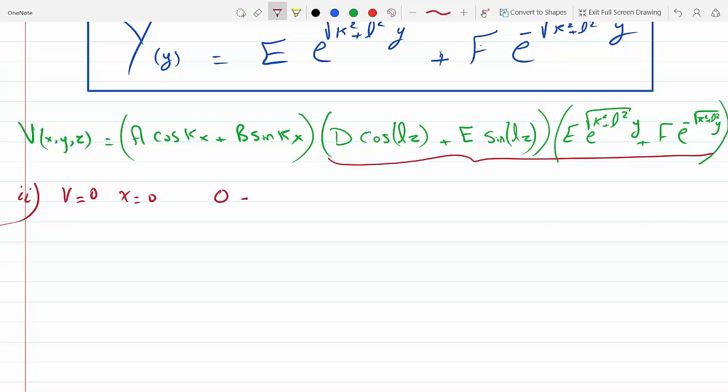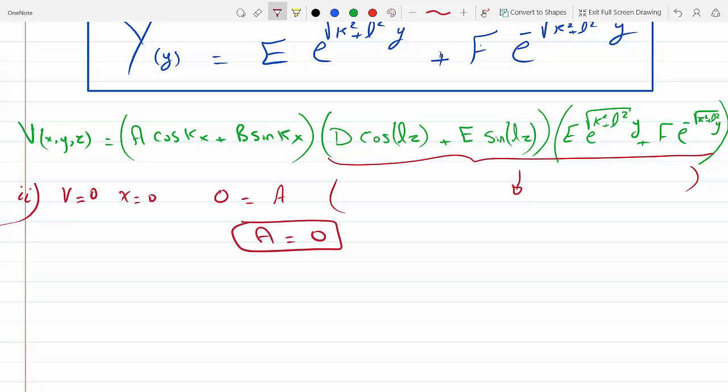You plug in 0, you're going to get 0 equals a cosine 0, cosine 0 is 1, the sine term goes away, times all this. Now, either the right hand side is 0 or a is 0. So that tells me a is 0.